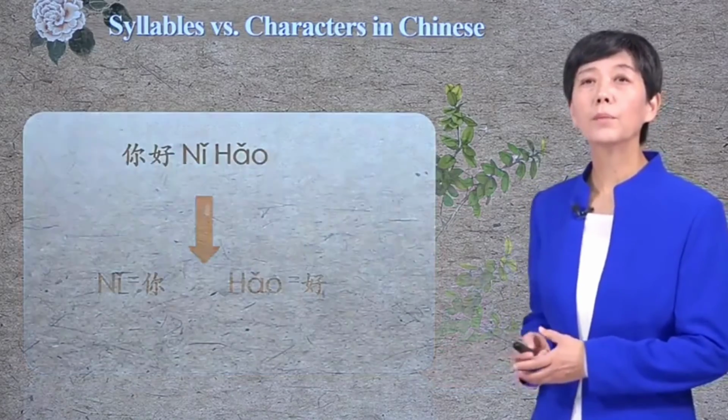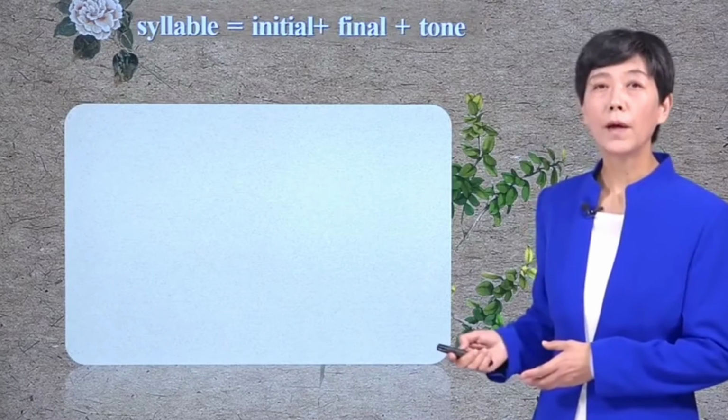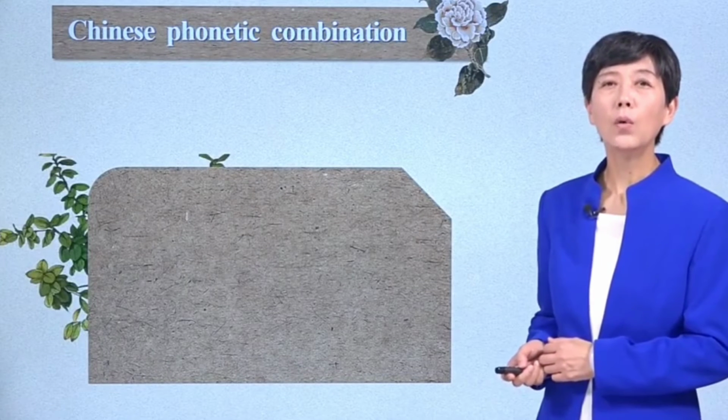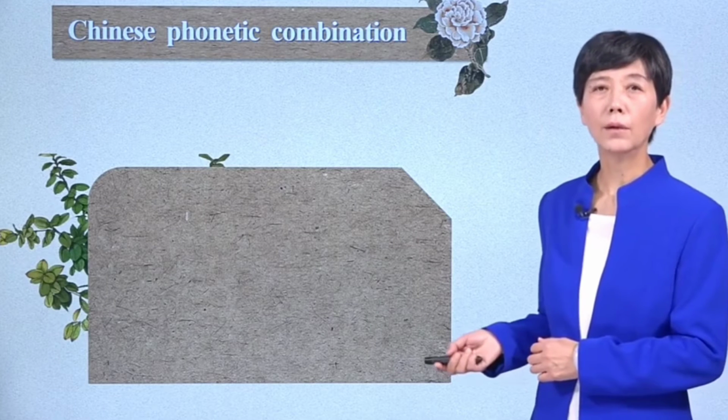Each syllable can be divided into three parts: initial, final, and tone. We now use 你好 again to show you how we can make a combination of initial, final, and tone.